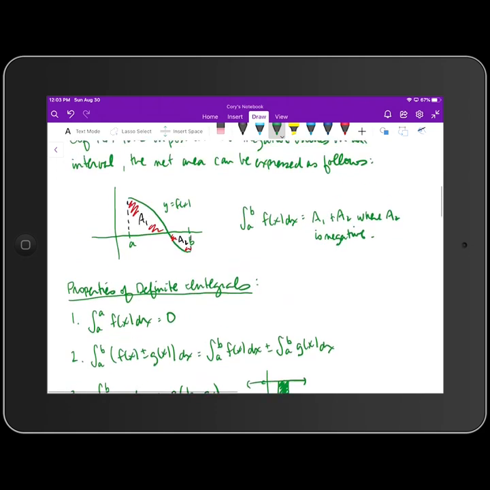So if I go back up here with this diagram that I drew, if I said that the x-intercept of the function f of x occurred at c, then we can say that the integral from a to b is equal to the integral from a to c plus the integral from c to b.